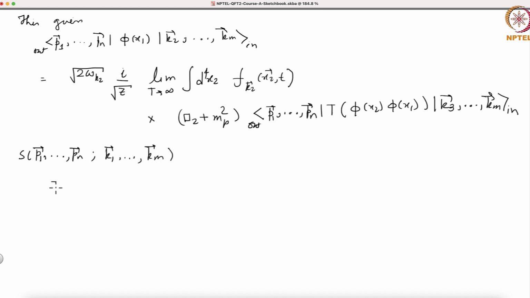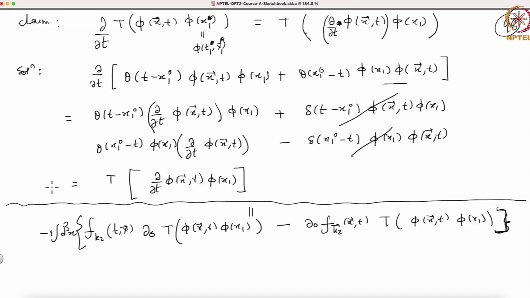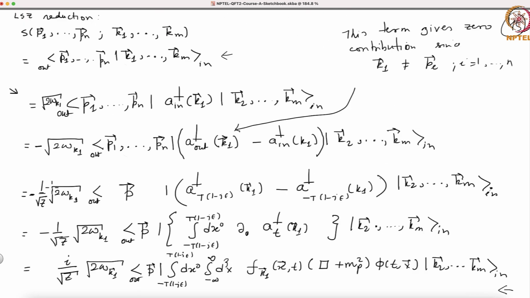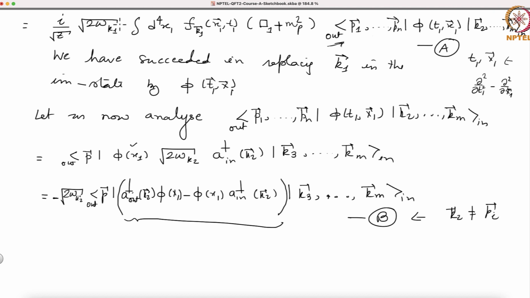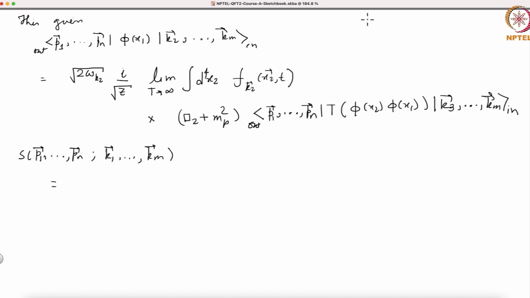I have shown that this is equal to, so I am substituting back into this expression, I over root Z when I get phi of x1, and times root 2 omega k1, and then I get again i over root Z and root 2 omega k2 when I have phi x2. So I will take care of those.